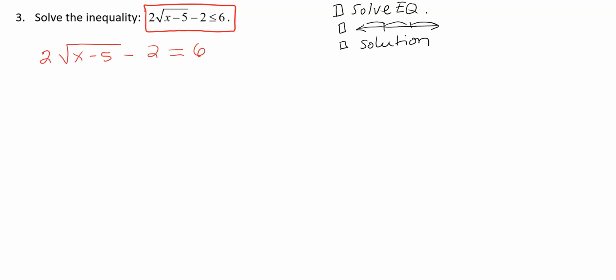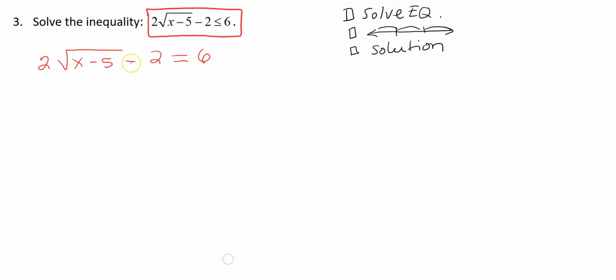Meaning, where are my cutoff points? And that just turned into an onion problem, which is what we have been practicing. So we are going to go ahead and add 2 to both sides. So 2 times square root of x minus 5 is equal to 8.